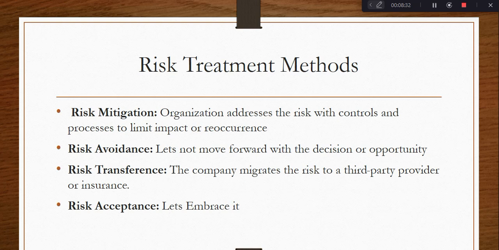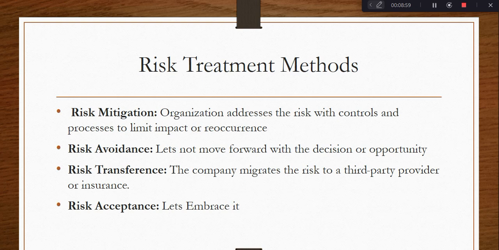The next is risk transfer. This is generally what we all do. We'll take up insurance or we'll transfer it to a different department. In the case of huge organizations, a special purpose vehicle is created to transfer the risk into it. This is where the organization is safe and the risk is transferred. The last is risk acceptance. They know there is no way to be safe from this risk, so let's embrace it.